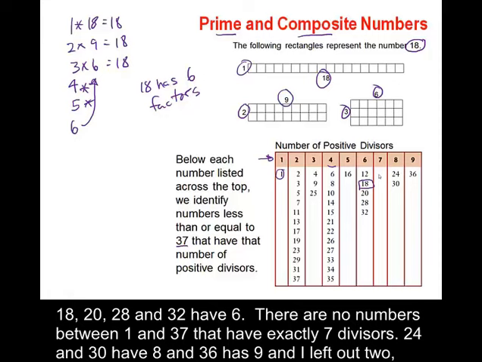There are no numbers between 1 and 37 that have exactly 7 divisors. 24 and 30 have 8, and 36 has 9. I left out 2 because these are special ones.